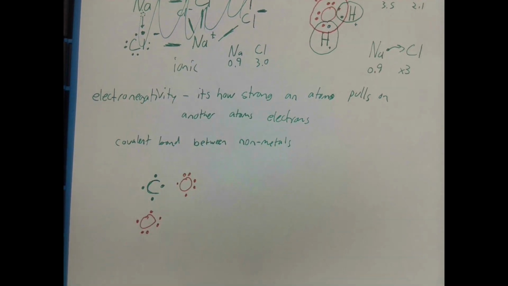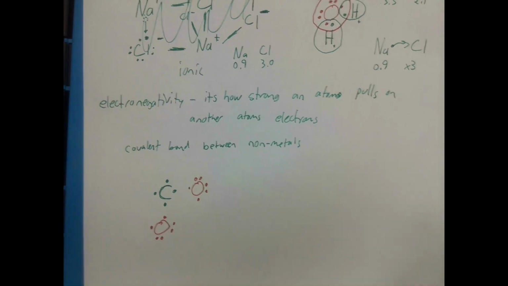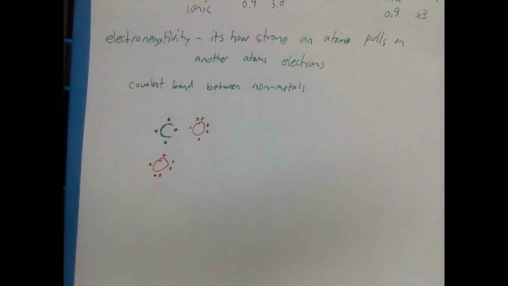And they all want 8 out of these choices. Hydrogen is the only exception. How are we going to get them to bond to get 8?